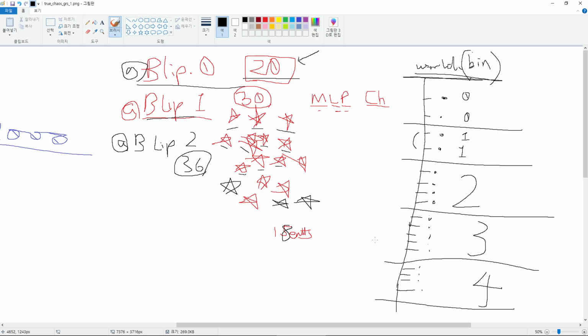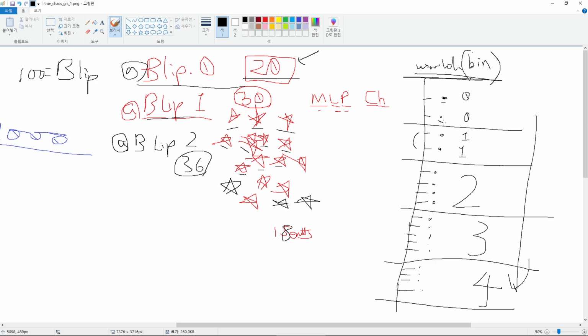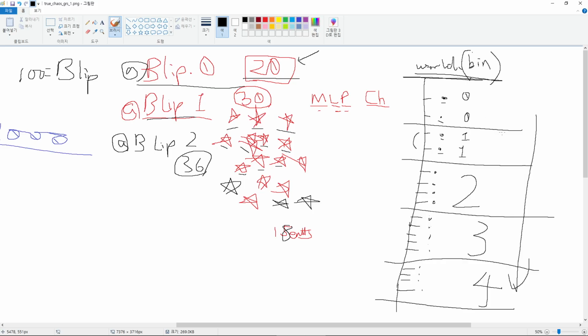Get it? So this is how it goes. So even when the maximum number of blips is set to 100, with the way things are going, I could probably end up with something like 400 data points, because each one of these dots is a data point, as in an entities dictionary.